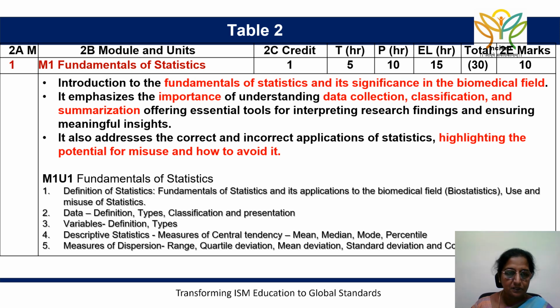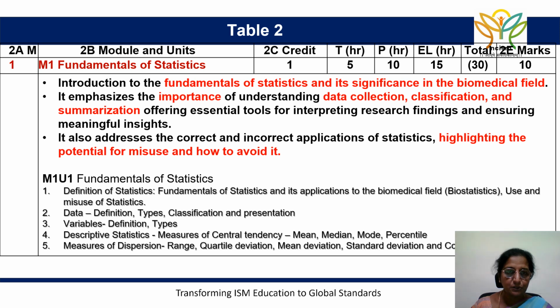The subtopics are definition of statistics with the description, data, variables, descriptive statistics, and measures of dispersion with the contents. Then it carries 1 credit and 30 notional learning hours and 10 marks assigned for the university examination.